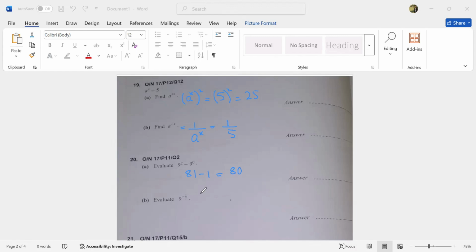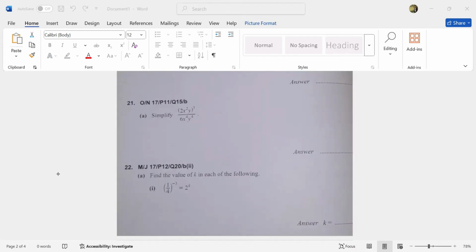Let's change it to the positive first. Next step, remember changing 9 into base 3 so that we can get a square. This power half was already there. Cancelling it up, we are left with 1 upon 3.